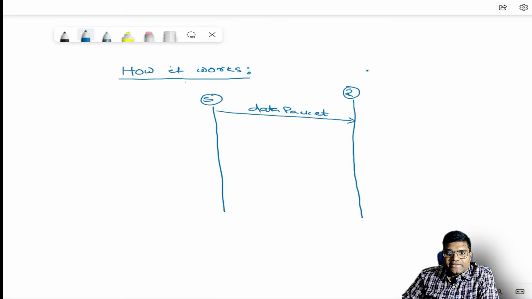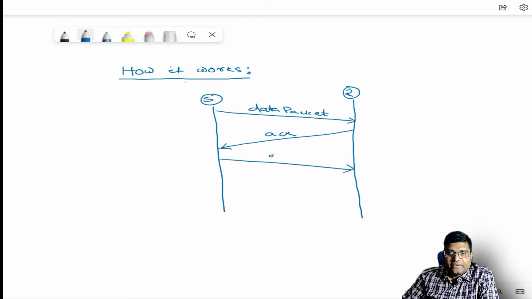Then the receiver receives this data packet and processes it. After processing, the receiver sends the acknowledgement packet to the sender. After receiving this acknowledgement packet, the sender will send another data packet and will stop and wait for the acknowledgement from the receiver side.